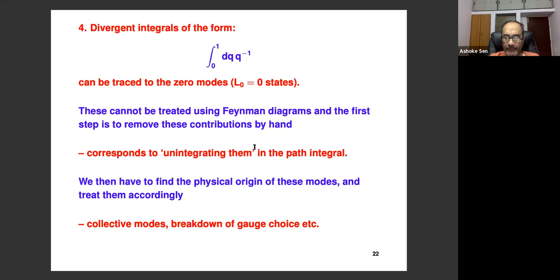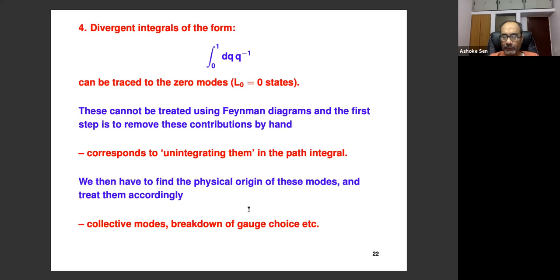We'll also see that some of the 0 modes arise because of the breakdown of the gauge choice. In particular, the 0 modes that we encounter in the gauge sector reflect that the Faddeev-Popov determinant is developing a 0 eigenvalue. And that means that your gauge fixing is not correct. Because if you have done a proper gauge fixing, then the gauge determinant should be non-zero.